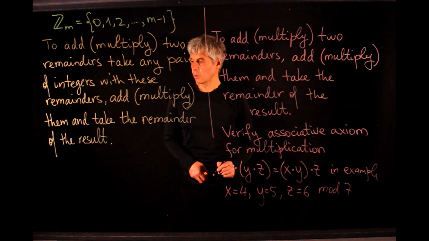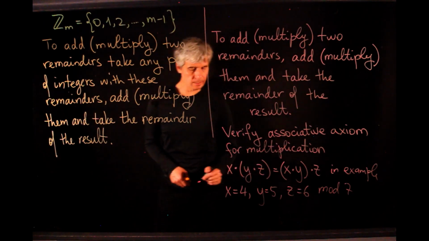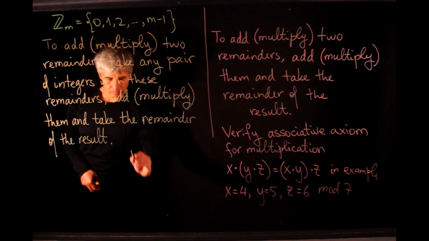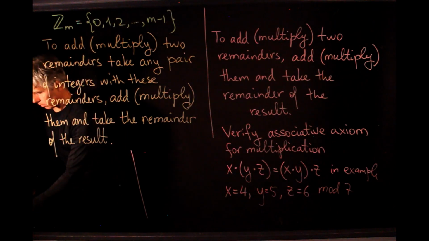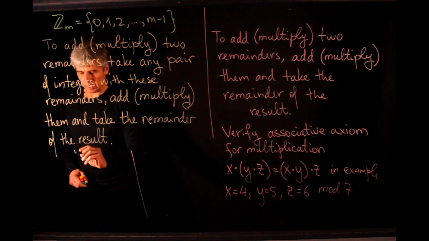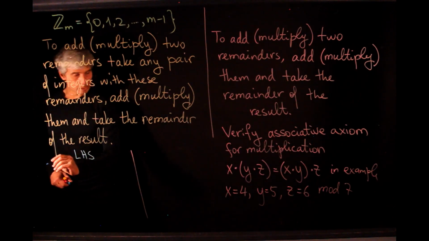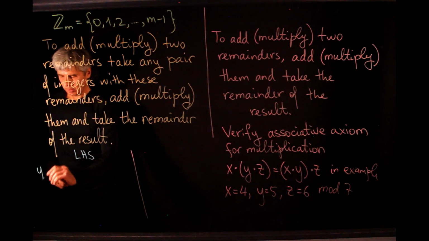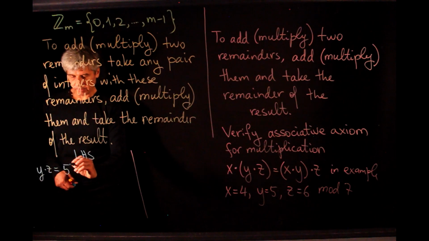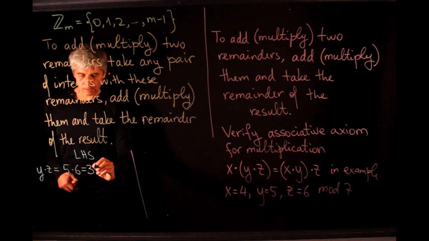Right? So let's do the left-hand side. So in the left-hand side, we have, what is y times z? So y times z is 5 times 6. So 5 times 6 is 30.